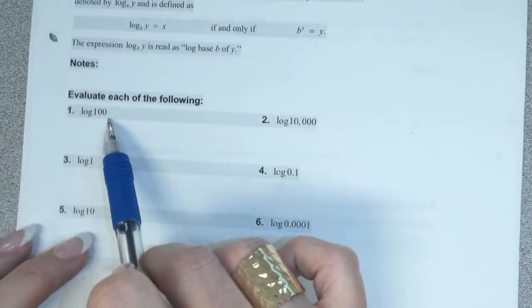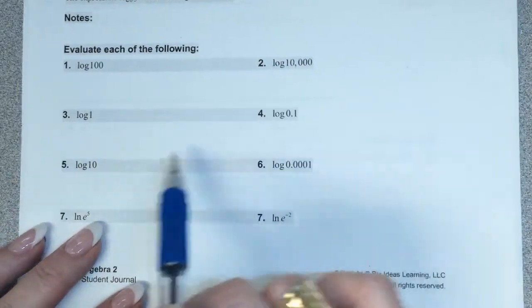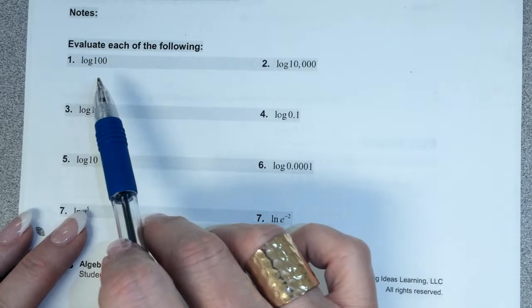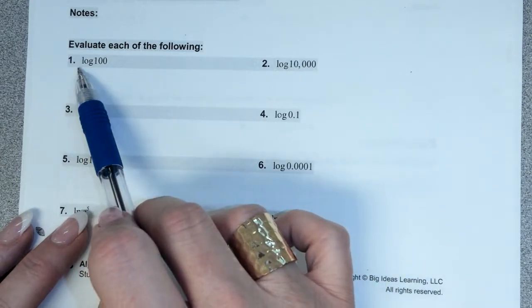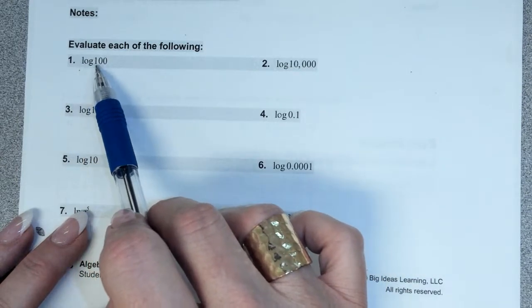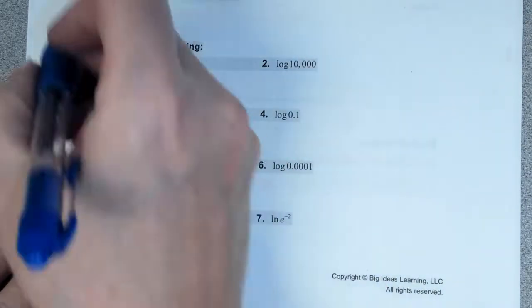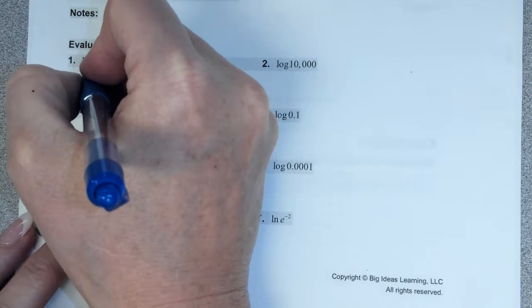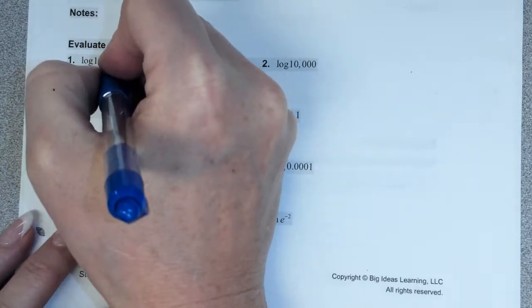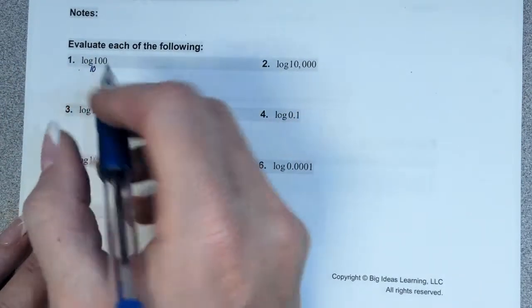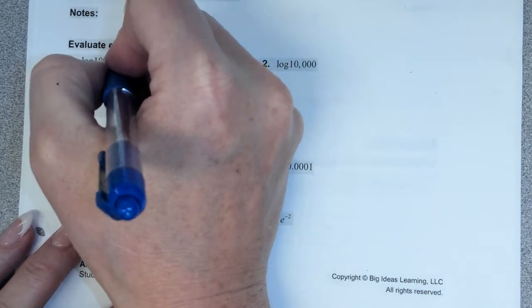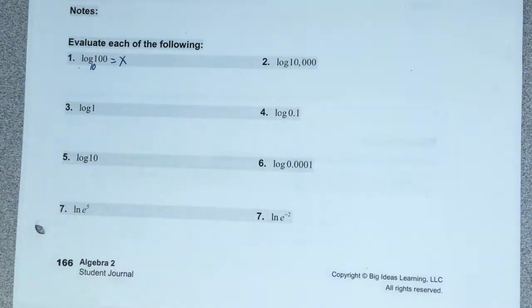All right, let's do some problems. These are not in your notes, but I want you to get used to using a base of 10. So looking at number 1, there's no base given. So what is the base? 10. So now I'm going to put in that base of 10. And we're trying to figure out what this is equal to. So I'm going to just say it equals x so that I can solve it. So in order to solve this, I now have to rewrite it in exponential form.